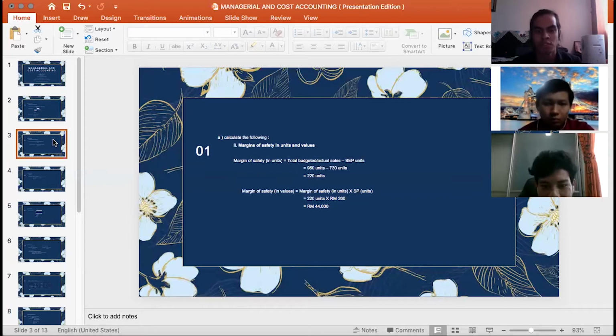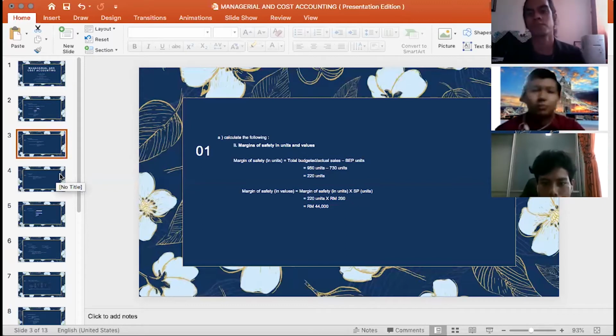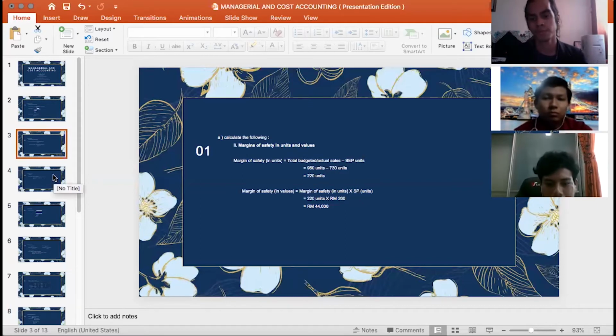So the answer is 220 units. For margin of safety in value, the formula is margin of safety in units times sales price per unit, and the value is 220 units times 200. So the answer is 44,000.